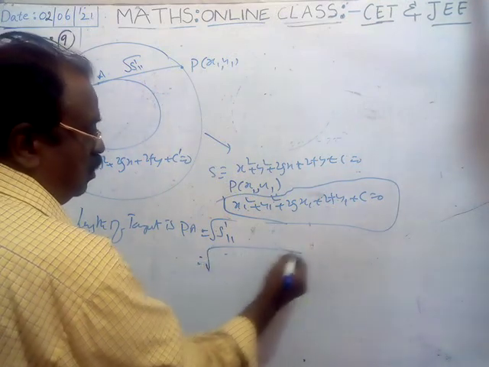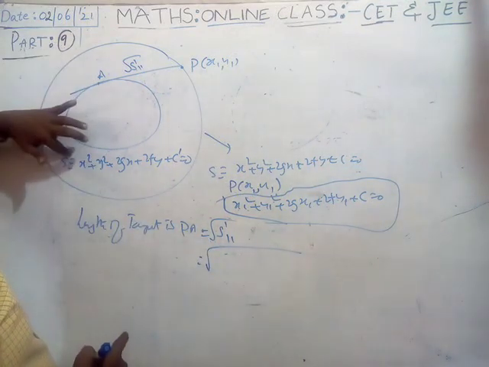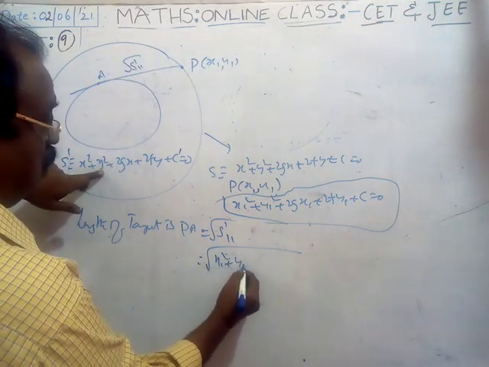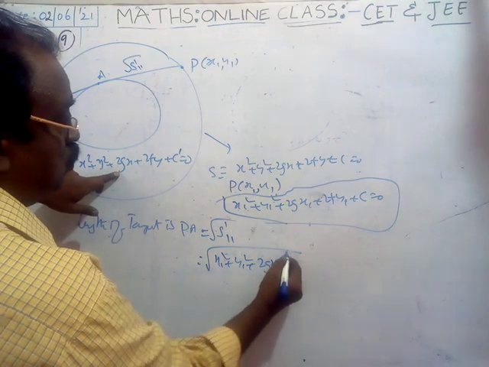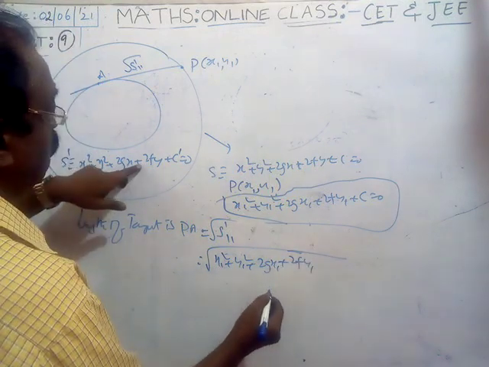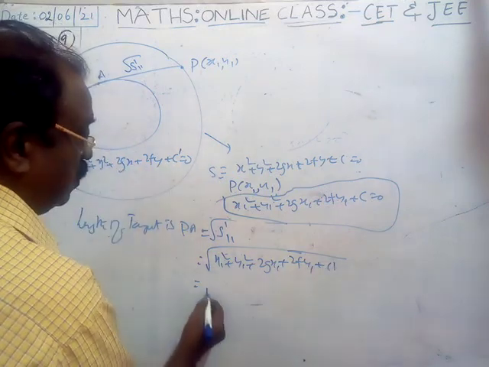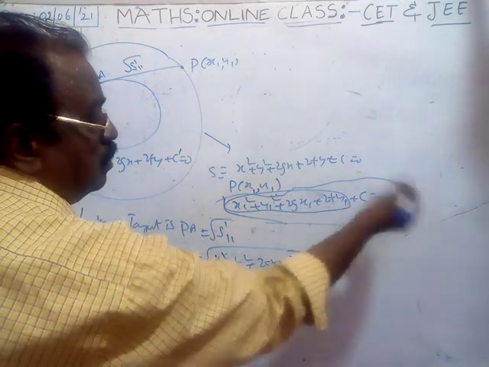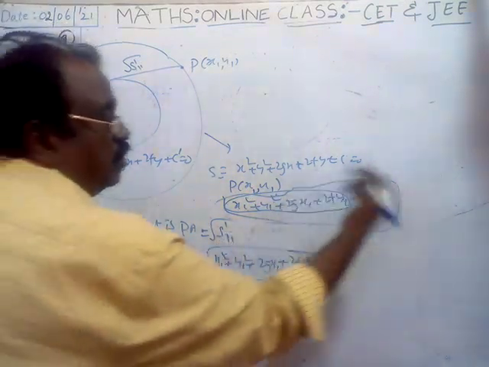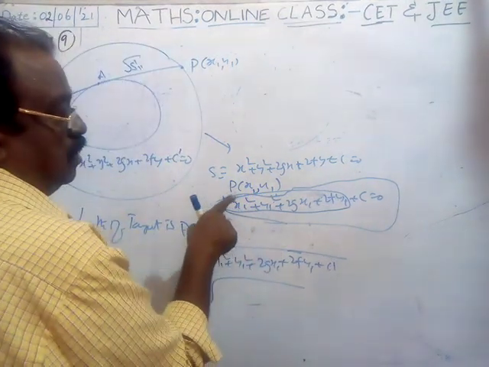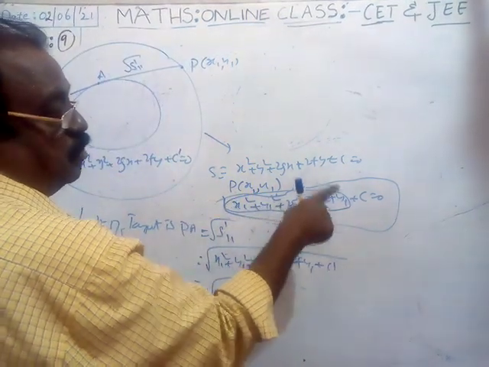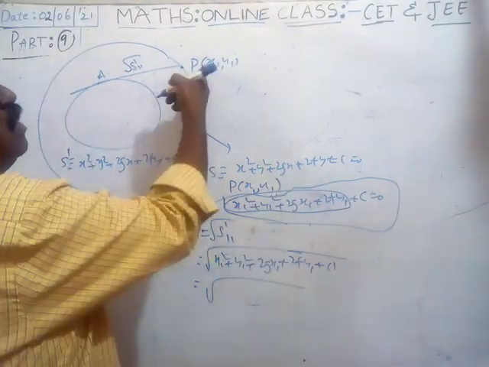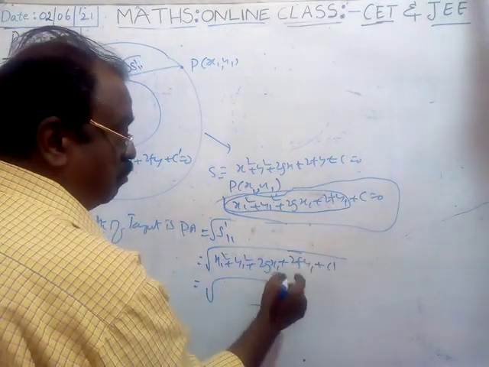Very simple. In this circle equation, you substitute this point. So it is x1 square, y1 square, 2gx1, 2fy1, plus c dash is there. But we know that up to this one, its value is minus c, because x1 square plus y1 square plus 2gx1 plus 2fy1 plus c is equal to 0 as P lies on the circle.